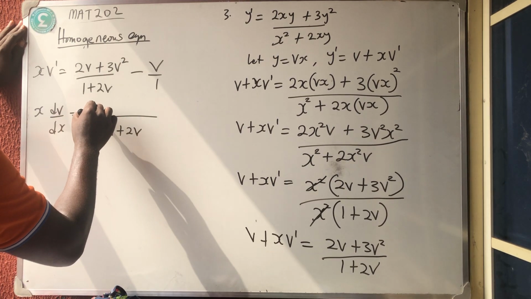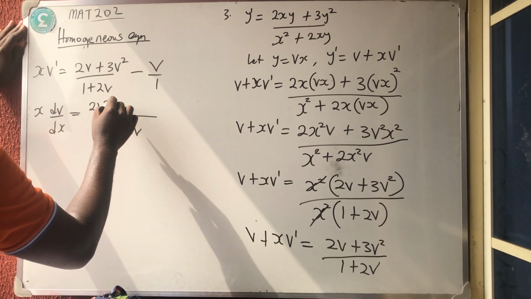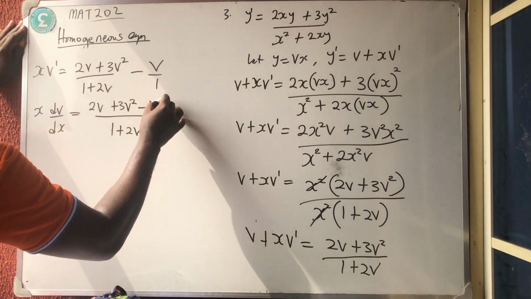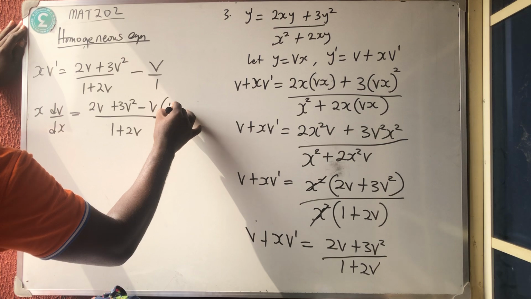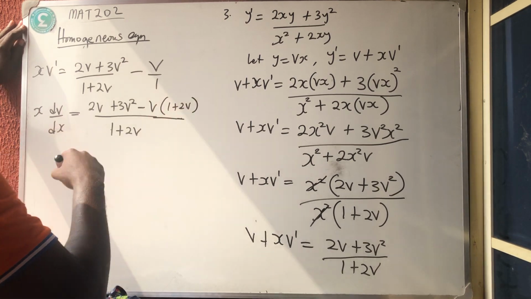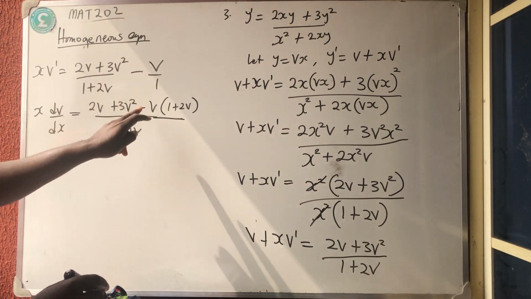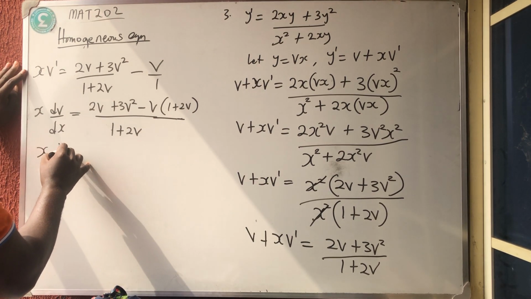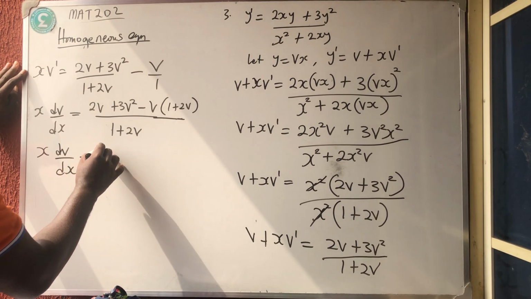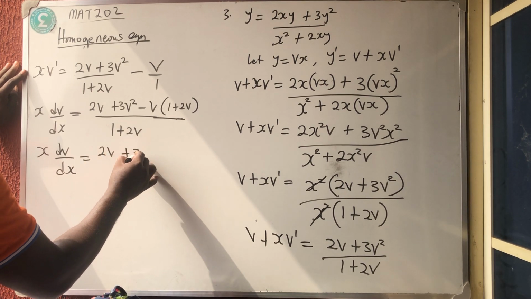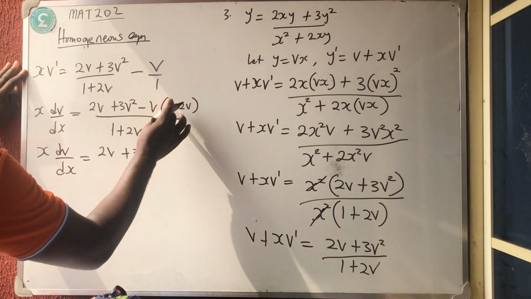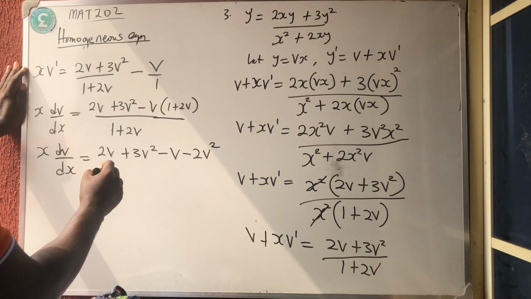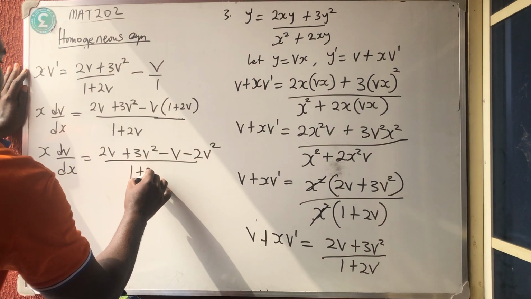So I'm having 2v plus 3v squared minus v bracket 1 plus 2v. Okay, because this divided by this is the same thing here, times this, you are having this. So let us clear. x dv dx is equal to 2v plus 3v squared minus v minus 2v squared, all over 1 plus 2v.